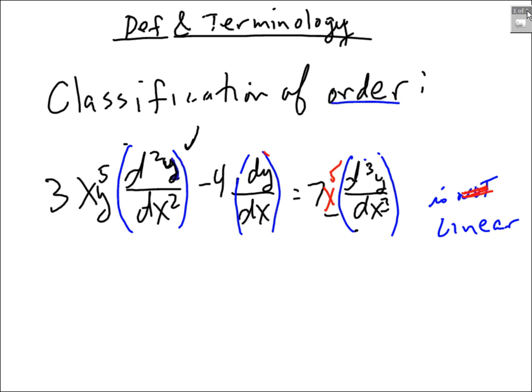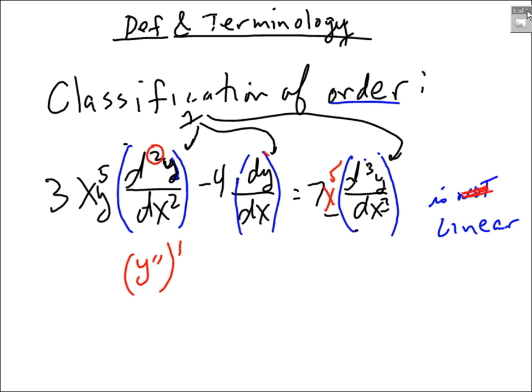They are all understood to be 1. Do not say, but come on, there's a 2 there. That's y double prime, and it is being raised to the first power. This is 3x to the 5th y double prime, minus 4y prime.